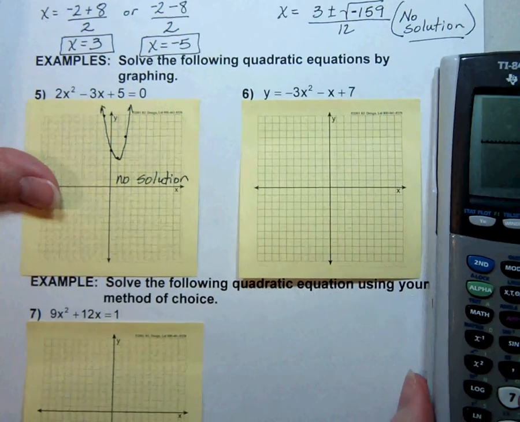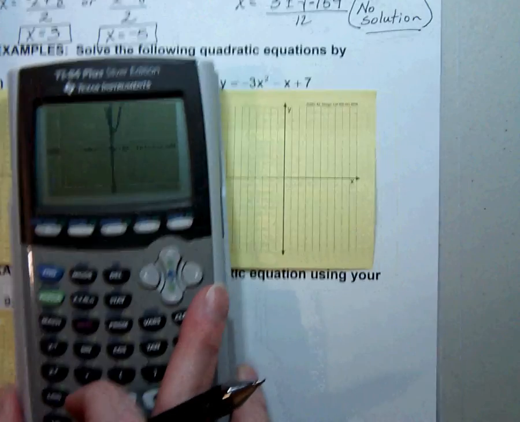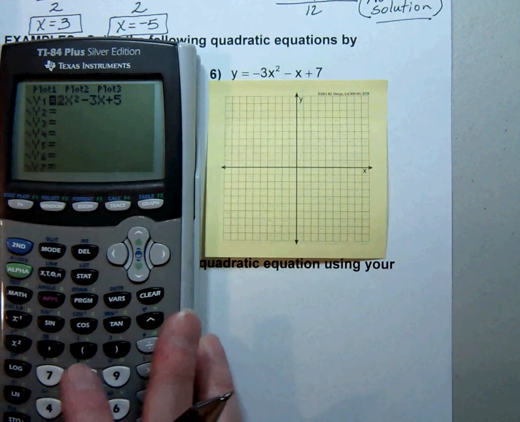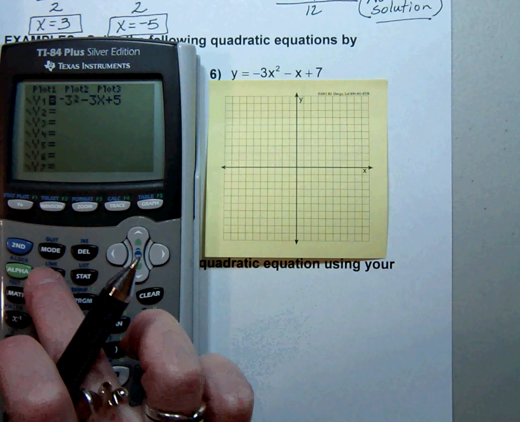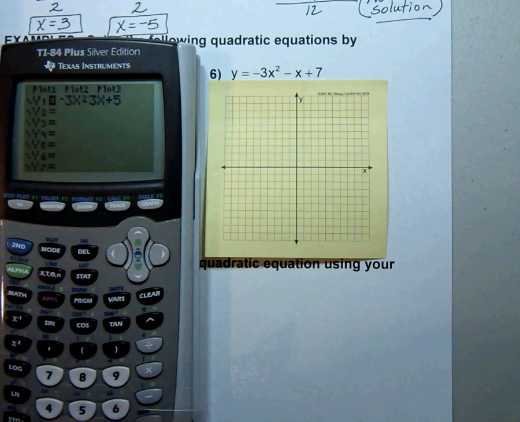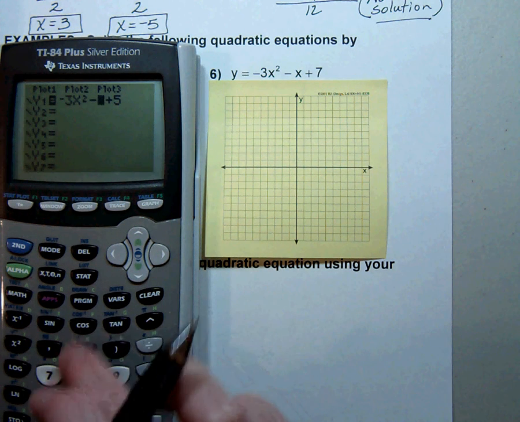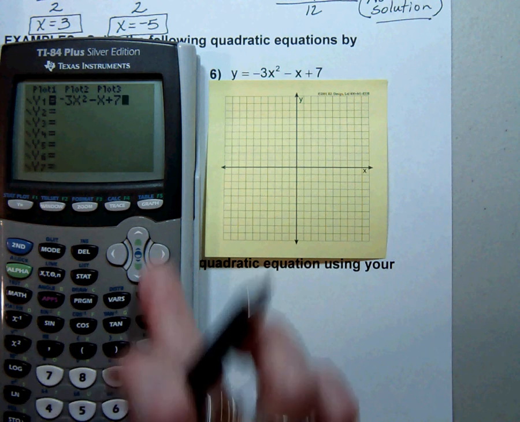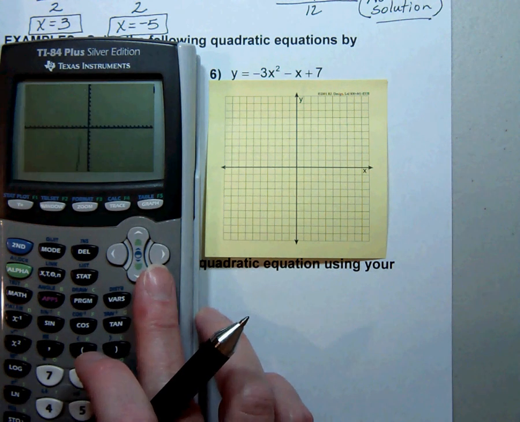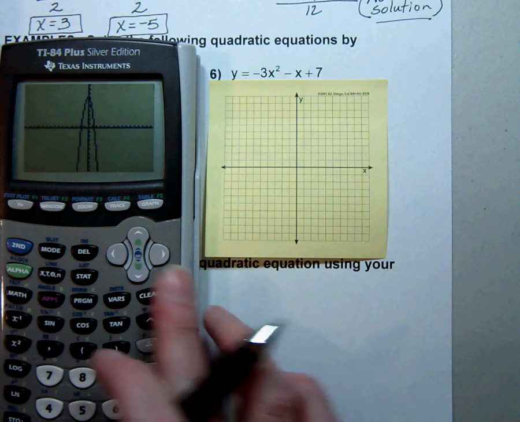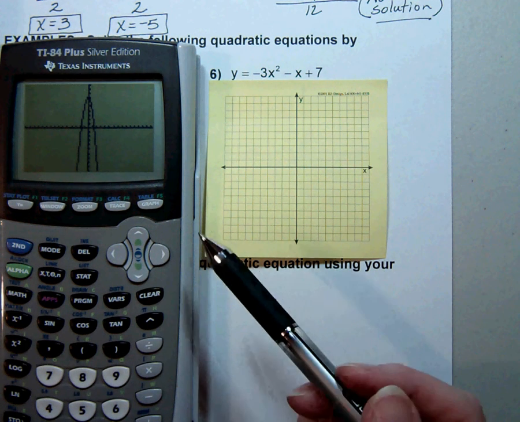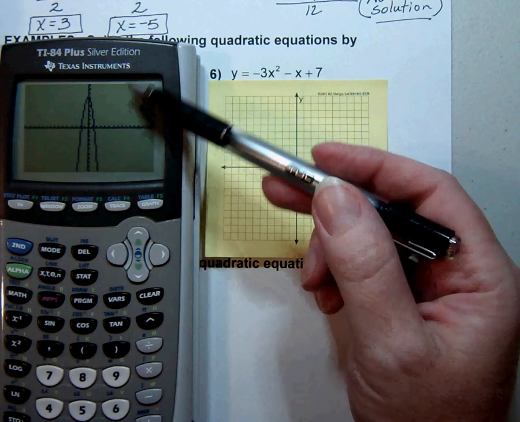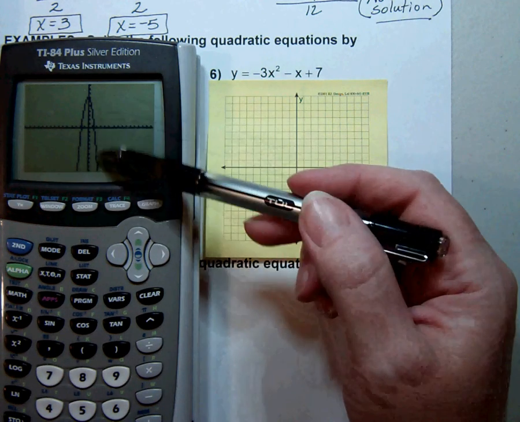Alright, let's try the next one. Go into y equals, and let's type this one in, negative 3x squared minus x plus 7. Push graph. This is the first one we've had where the parabola opens downward, so the vertex is a maximum because it does go up and around.